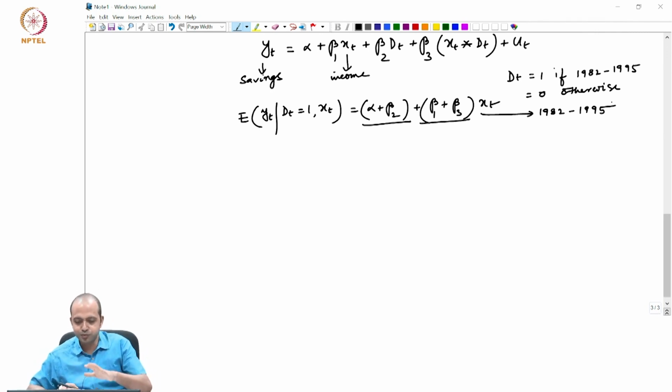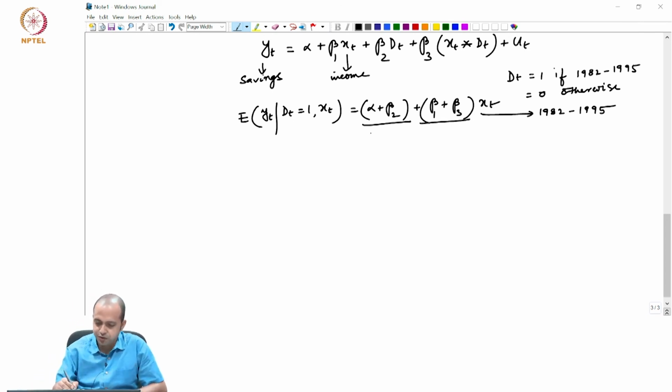The saving income relationship is defined as the expectation of yt given dt equals 1 equals alpha plus beta 2 plus beta 1 plus beta 3 xt. So, that means this is the intercept and this is the slope.